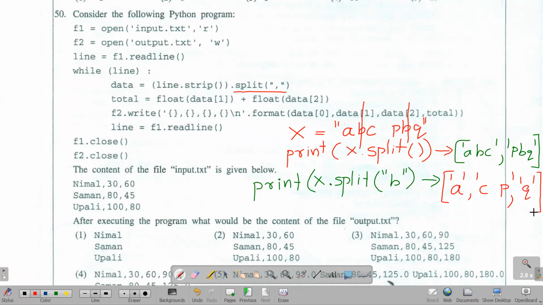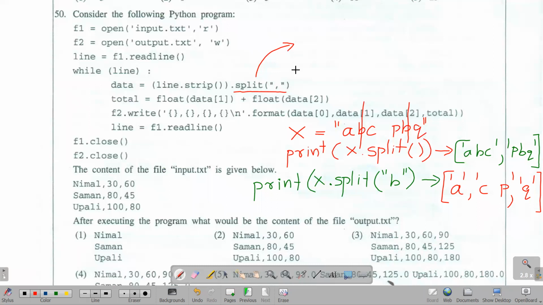A, C space P and Q. It is because it is being split by the character B. So likewise, we can specify a particular character to split a particular string. Is that clear, everyone? Yes, people, is that clear?